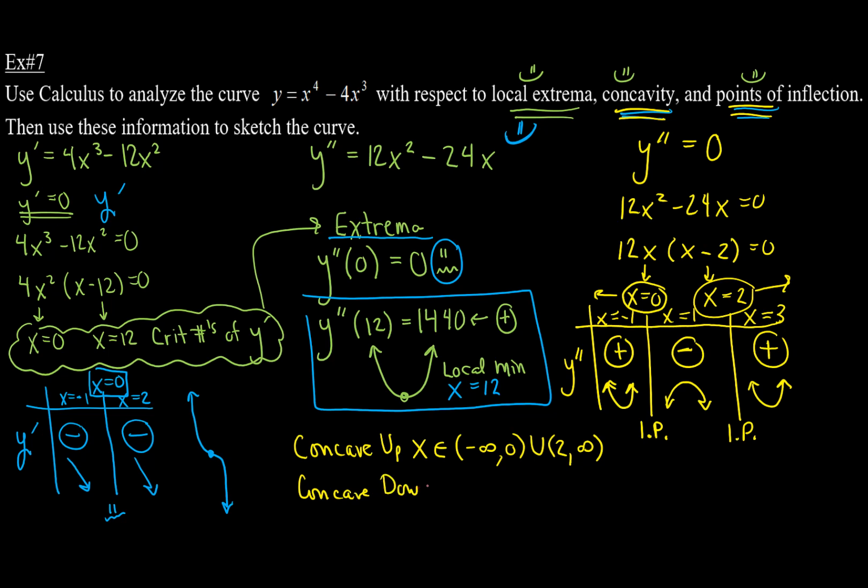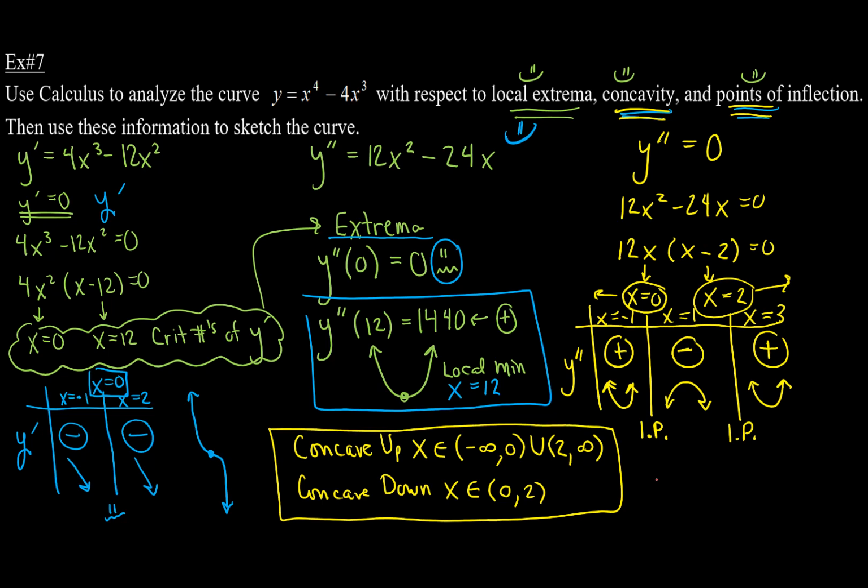And it's concave down in that middle interval between 0 and 2. So there's that answer. And then I know that I've got inflection points at x equals 0 and x equals 2.